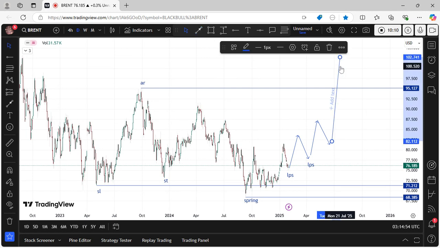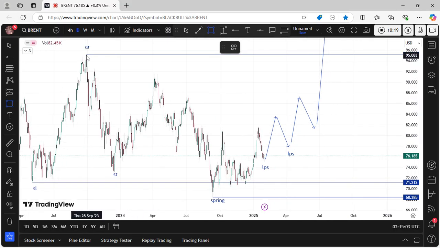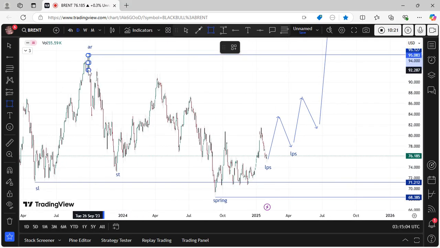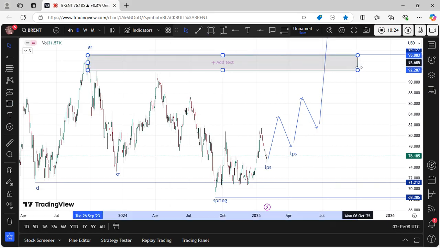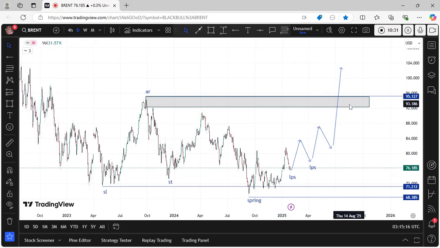Now you have to understand this: when price breaks above this trading range, that is what traders refer to as a breakout. Let me represent this. So this is now the breakout zone. I hope you guys can really see this.